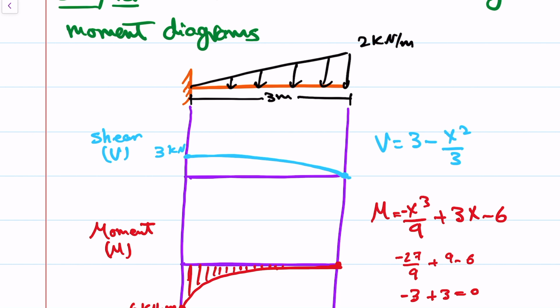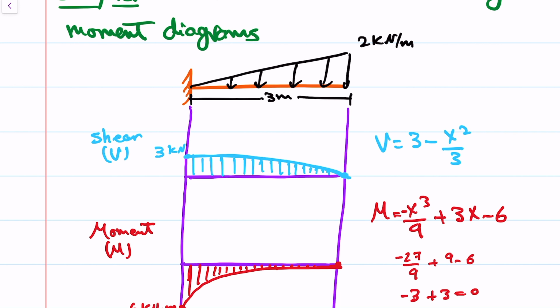Okay, the question is, how did I know that I did a mistake in the equation of the moment? This is a very important point to catch your mistakes while solving this kind of problems. For cantilever beam, you have to have 0 moment in the free edge.